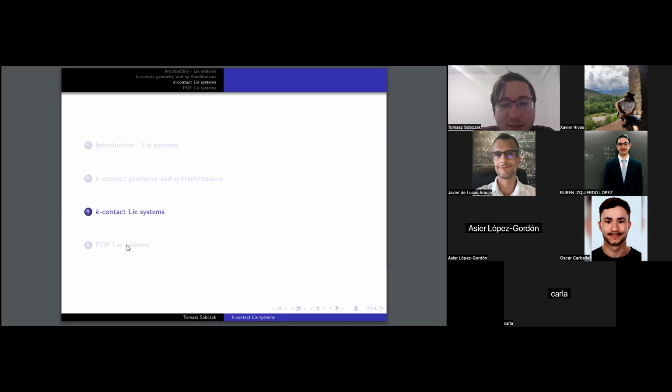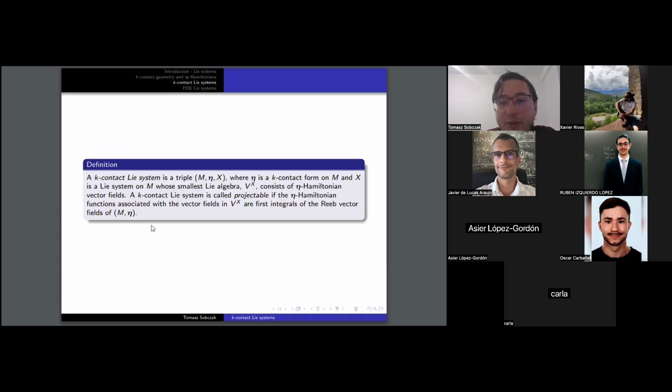The k-contact Lie system itself is the same, meaning it's just the triple: we have a k-contact form eta, we have a Lie system, and we have the Vessiot-Guldberg Lie algebra, denoted by V_X. We remember that this Vessiot-Guldberg Lie algebra was spanned by the basis of these decompositions, the vector fields included in the decompositions. Now, if we want to define the k-contact Lie systems, we'll make those basis vector fields into eta-Hamiltonian vector fields.